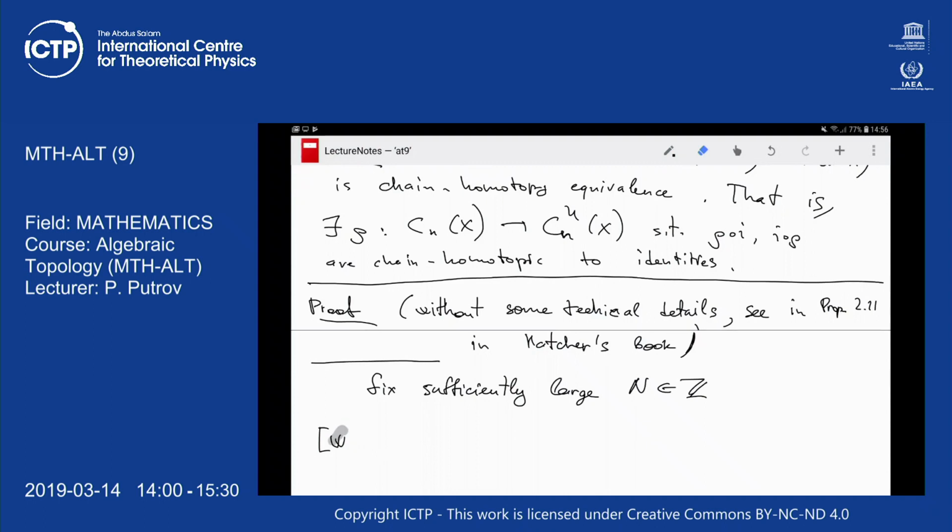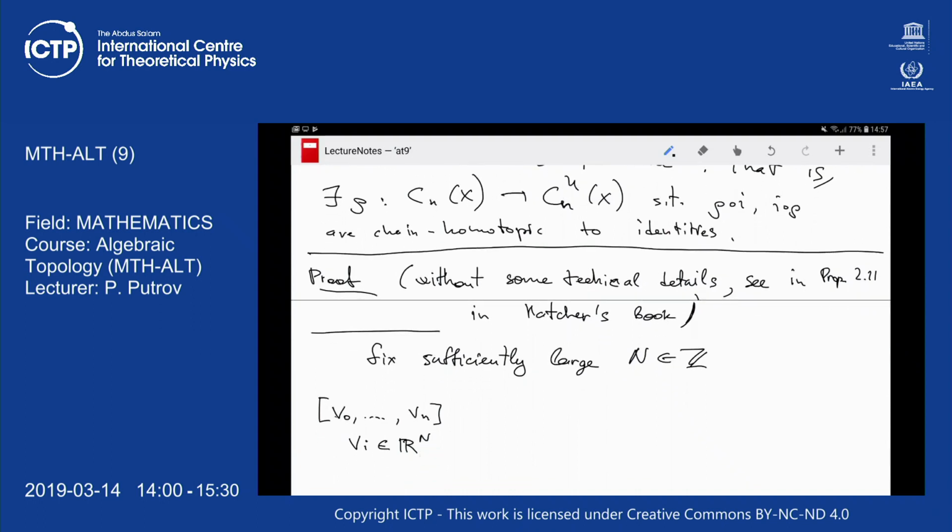Let me consider the sequence v0 through vn in brackets, such that each element here I understand as a point in Rn, Euclidean space of dimension n.